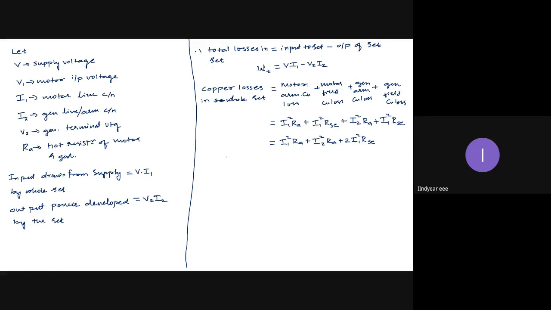Therefore, the total stray loss in the set, WST, is equal to total losses minus total copper losses.